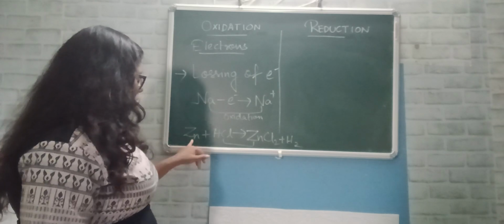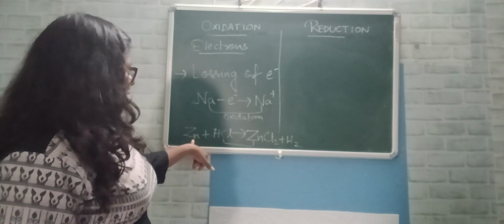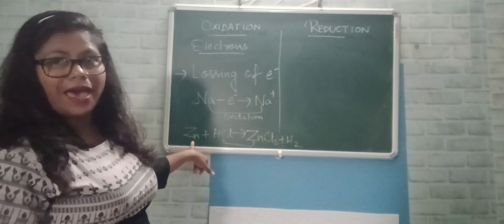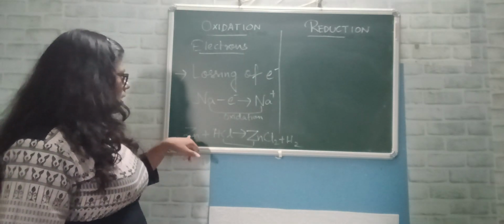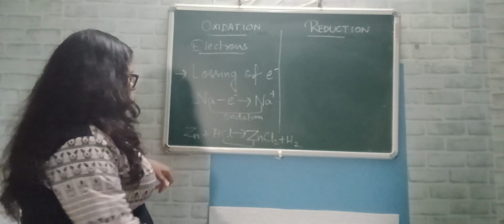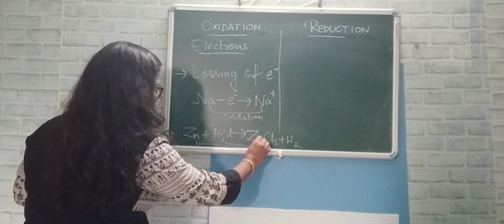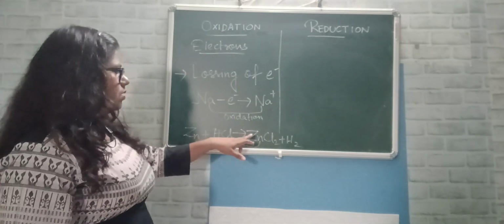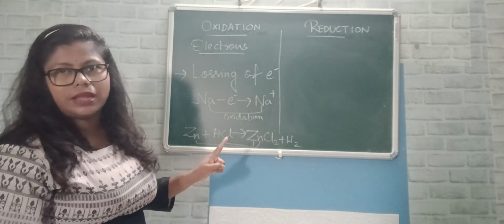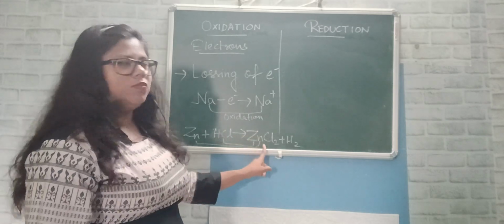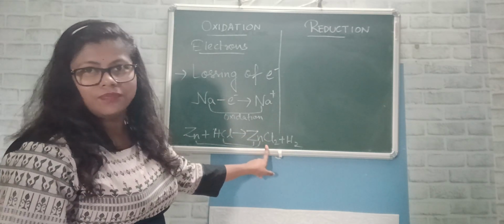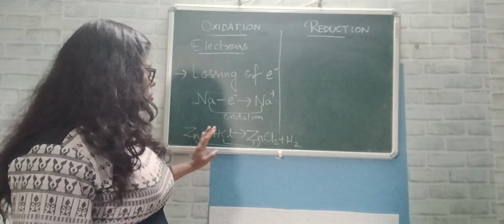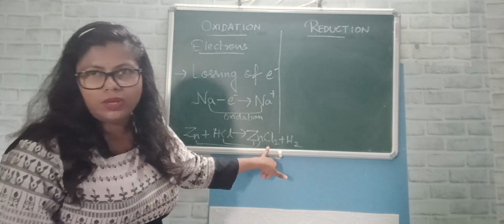But also try to understand this zinc is getting oxidized, as here the zinc was in its molecular form, but when it becomes zinc chloride, it is losing one electron in order to form the bond with chlorine.